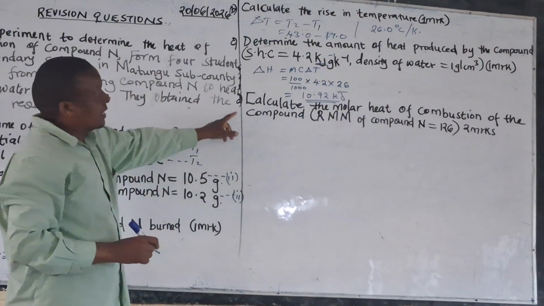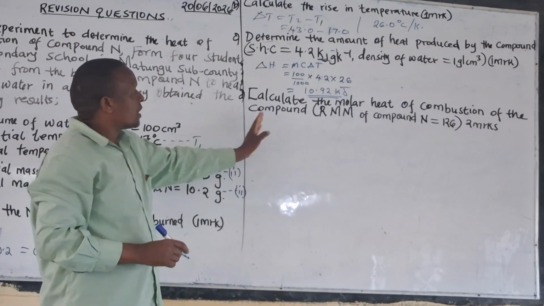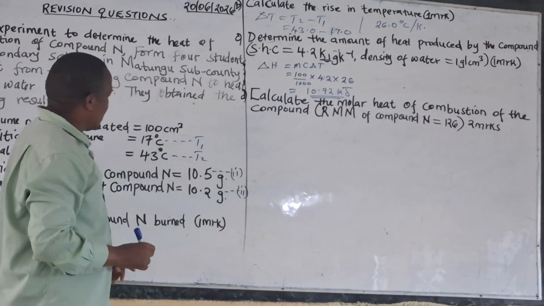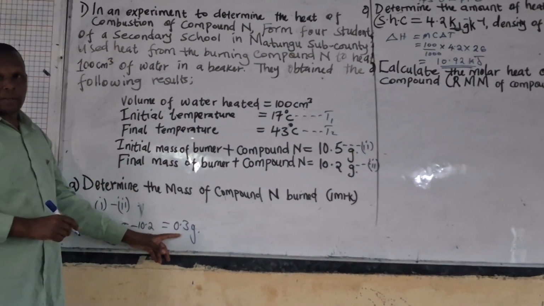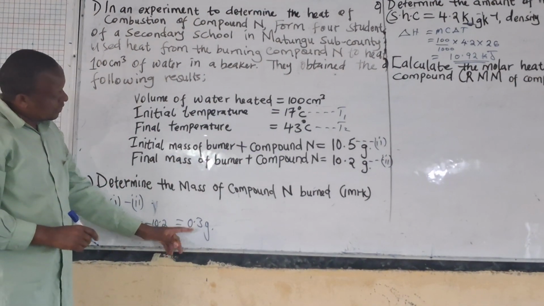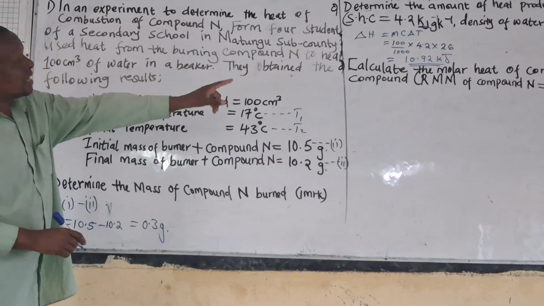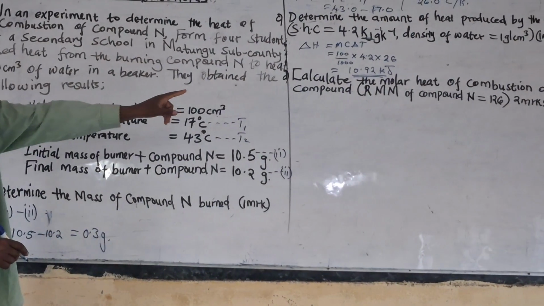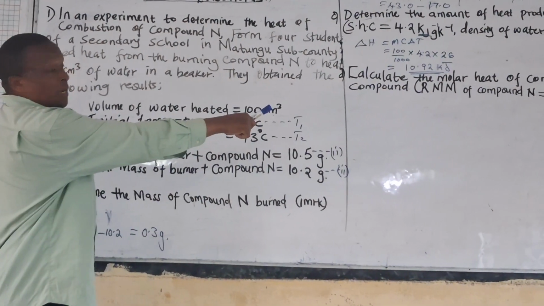Then lastly, part D, calculate the molar heat of combustion of the compound. The mass of our substance is 0.3 grams. So we ask ourselves, if 0.3 grams is giving us 10.92 kilojoules, what about 1 mole of that substance, which is 126 grams?